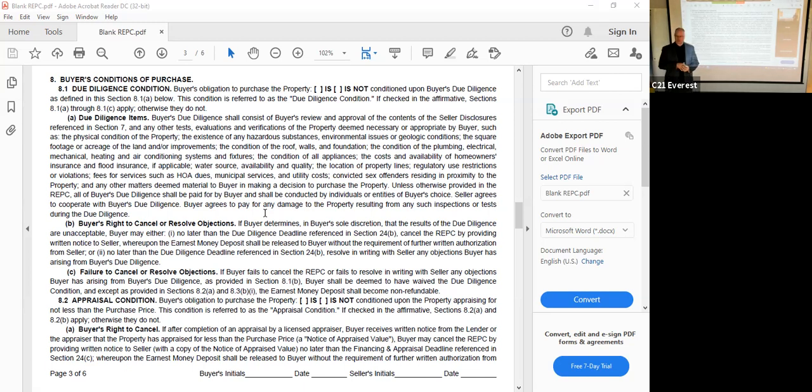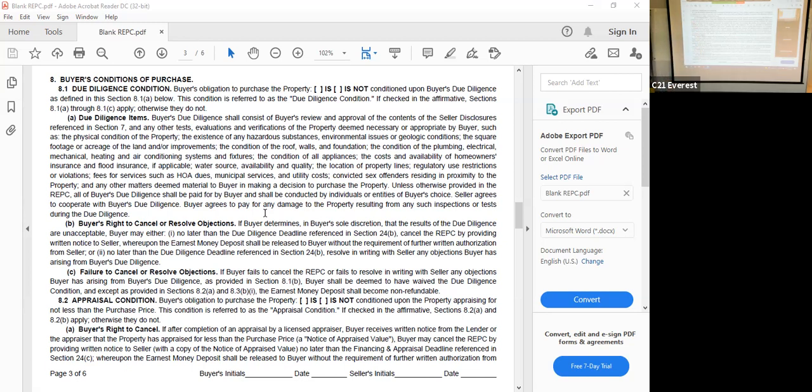They waive due diligence. Or what I've seen more often is they are going to get a loan, but they're going to buy the house just regardless of due diligence. So they waive due diligence.